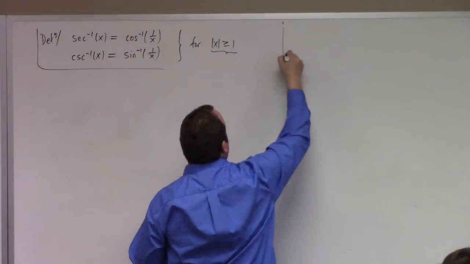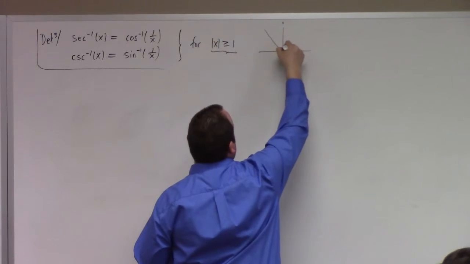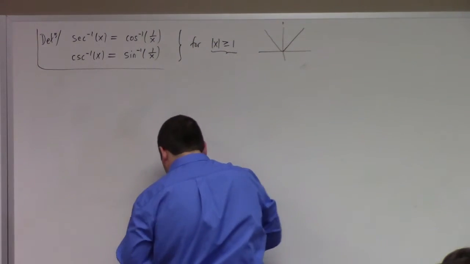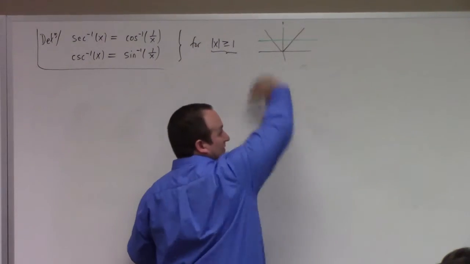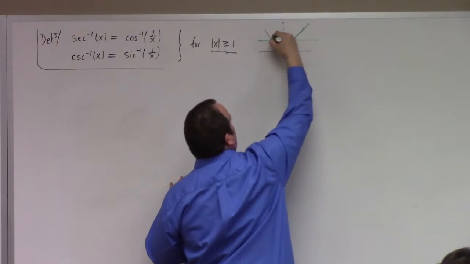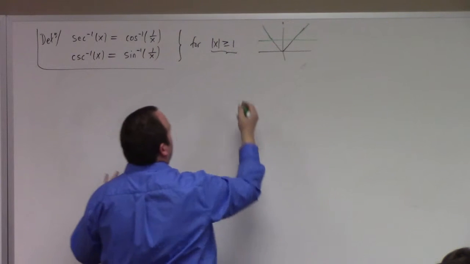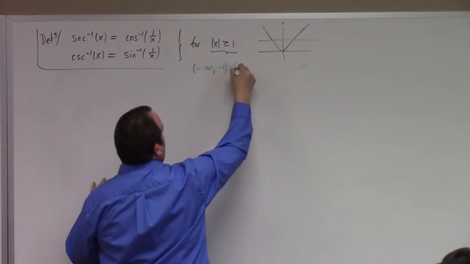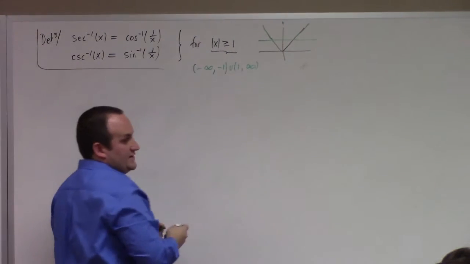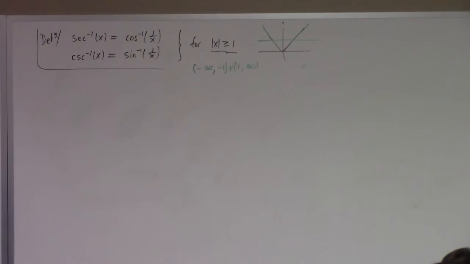So here's the absolute value function, and we're looking for x such that the absolute value of x is greater than 1. So above that line, you get this piece and that piece. In other words, it's minus infinity to minus 1 unioned with 1 to infinity. It's got two disconnected pieces. It's kind of a weird domain, but there it is.